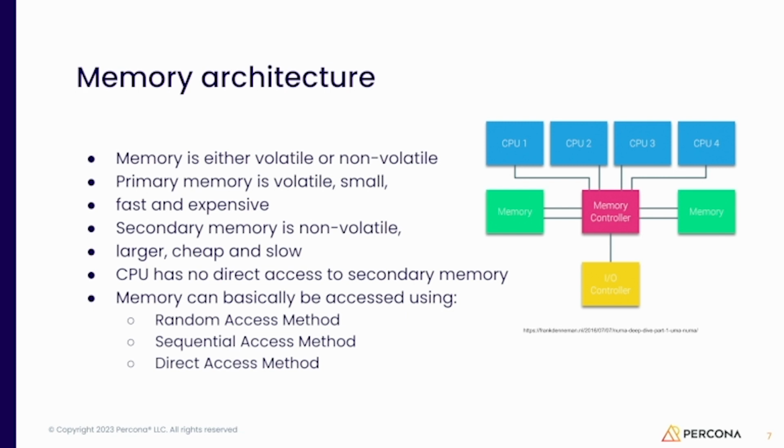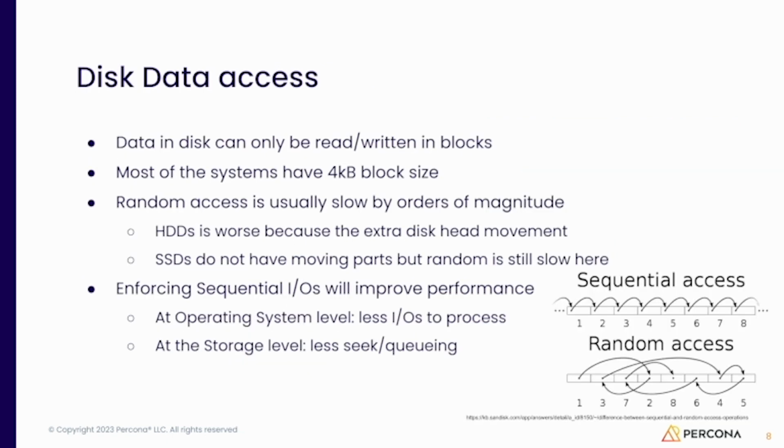And we basically have 3 methods of access: random access, sequential access, and direct access. Sequential access is the better one that we can have for I/O. Direct access is very specific. It only happens in the registers and the cache, so we're not going to talk about it.